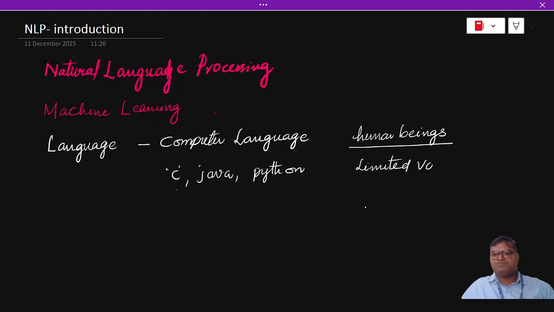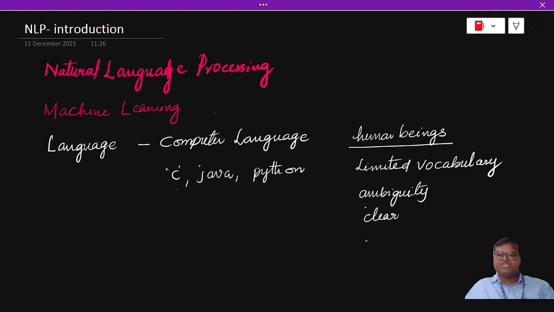If you know C, there is a set of keywords, and unless the developers decided to include some more, it is fixed. One more aspect about computer language is there is no ambiguity. That means there is no confusion. It is very clear and very not flexible. You cannot change the computer language as per your requirement.